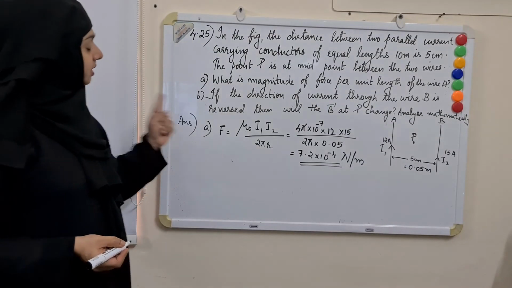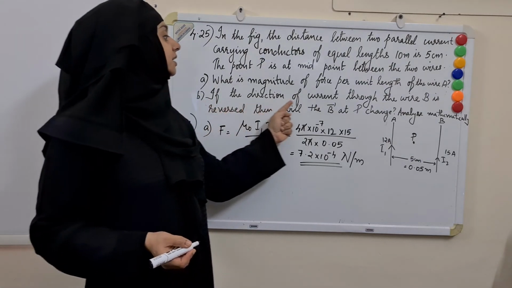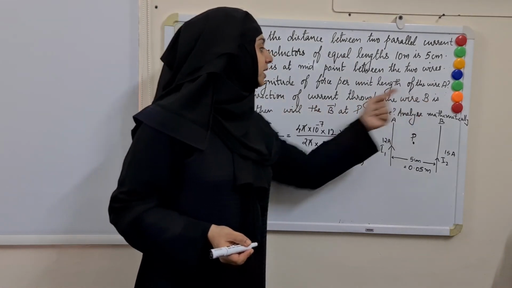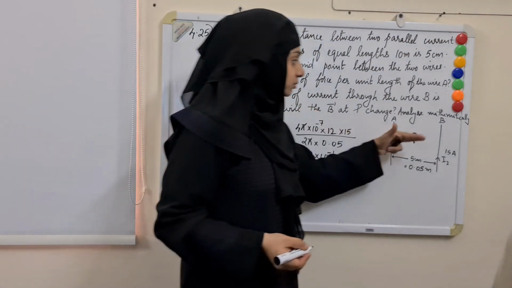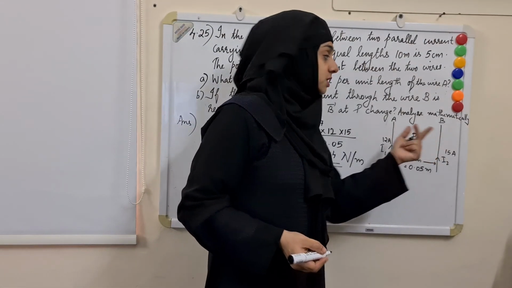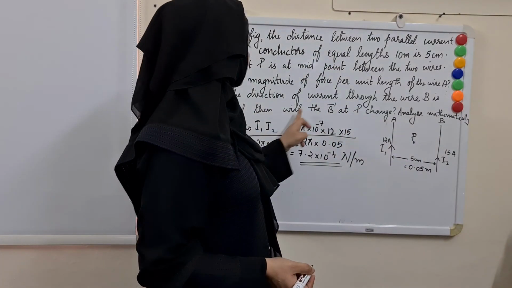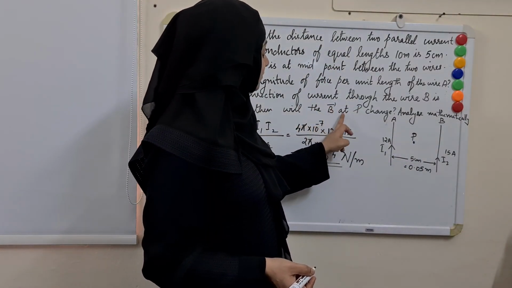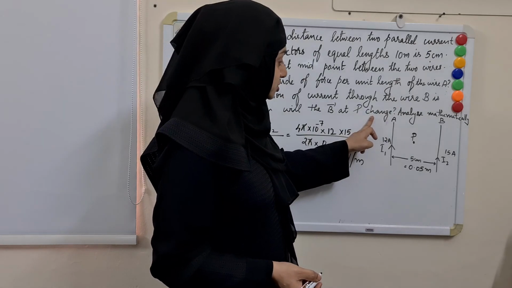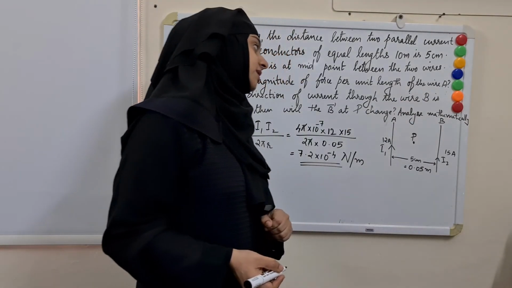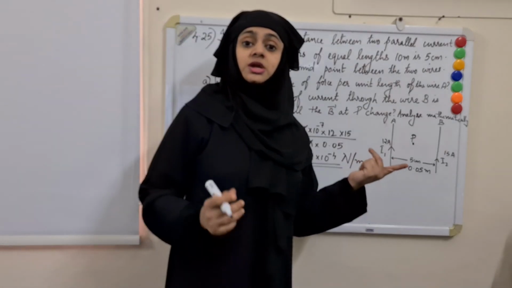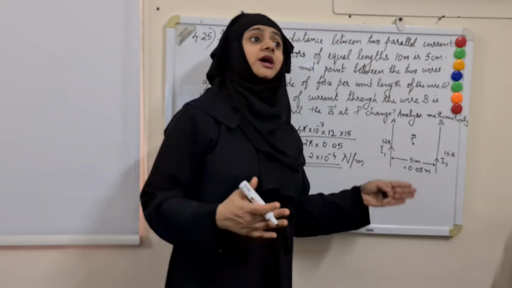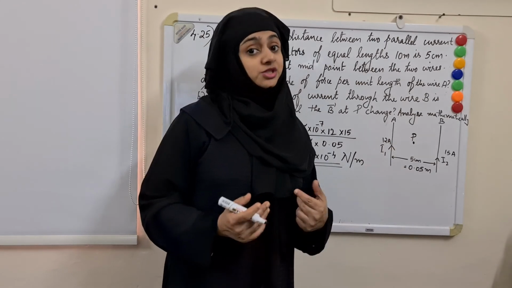Now let us see the B part of the question. If the direction of current through the wire B is reversed, then will the magnetic field at P change? Analyze mathematically. So let me redraw it with the reverse case. We have to check whether, when we reverse the current, the magnetic field at this point P will change.